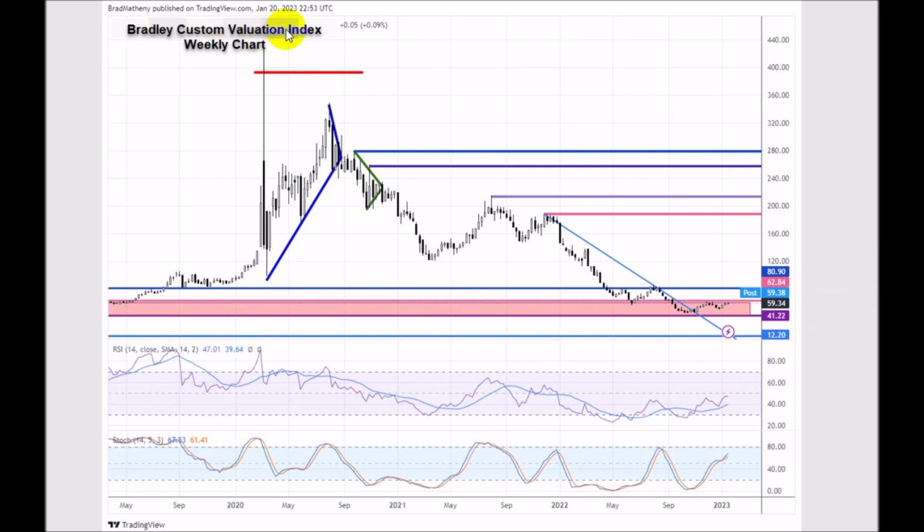Okay, so the valuation index weekly chart is starting to show some strength. We're basing and bottoming. We've got a new high, new low over here. We're seeing some strength here. The next move, if I am correct, will be to the upside. It'll be back up into the, say, 61, 62, 63 area, maybe.